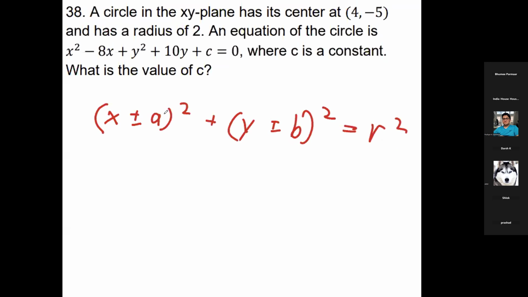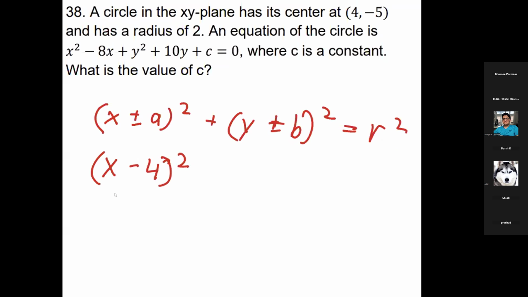This is the general form of a circle, and we have a center at 4, so this would just be x minus 4 squared.